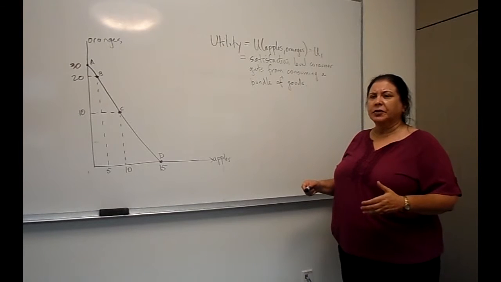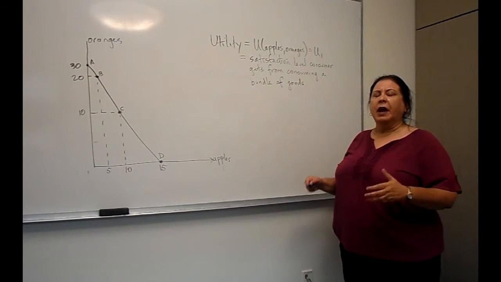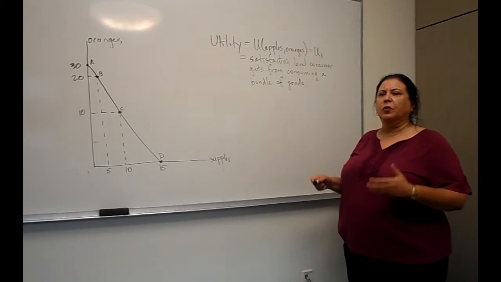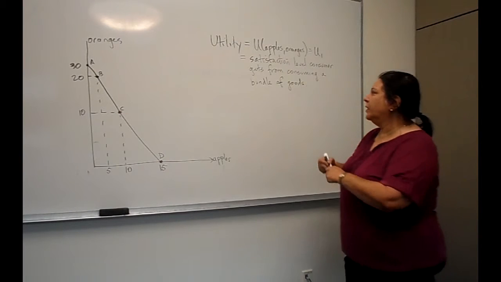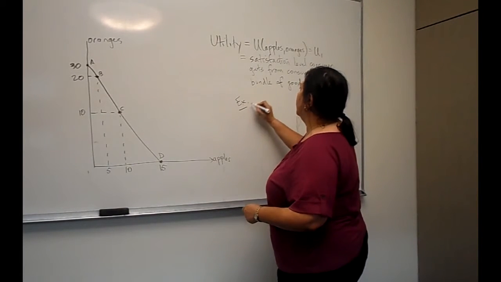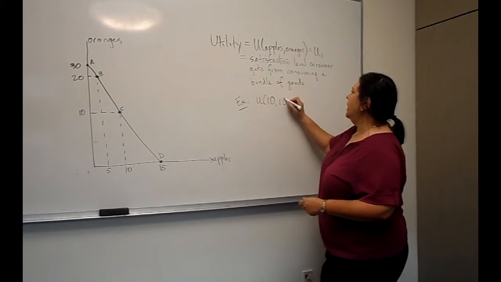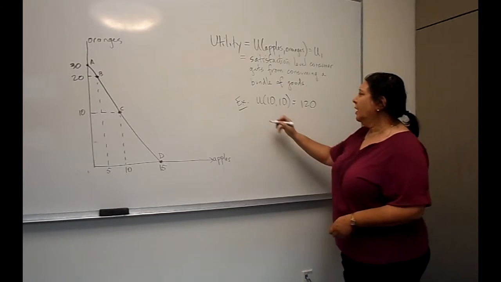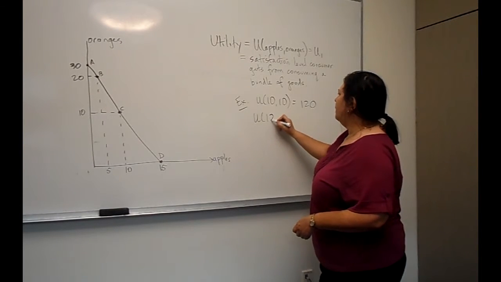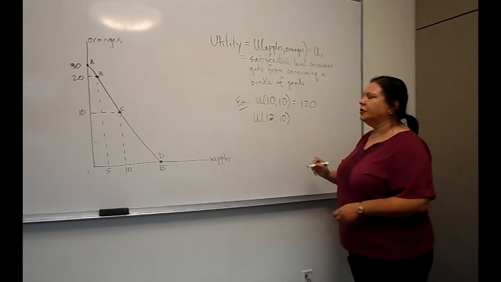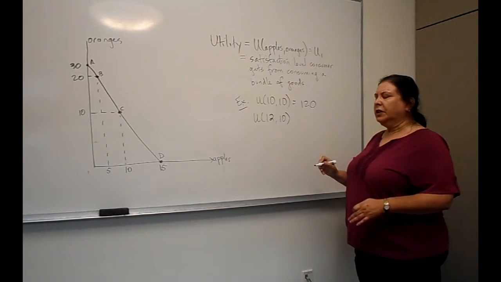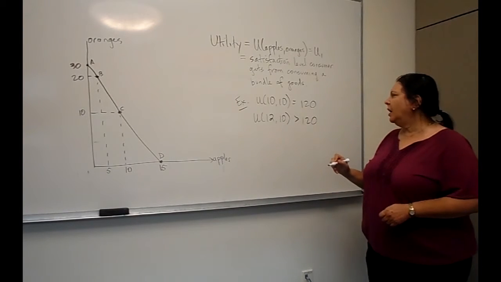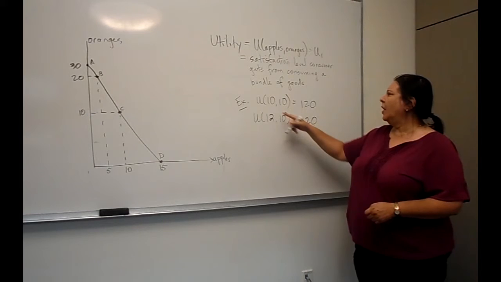So if you look at two bundles and one of them has a higher index number than the other, then you prefer the one with the higher index number. So for example, if we looked at having 10 apples and 10 oranges and we assign the number 120 to that, then if we looked at 12 apples and 10 oranges, what we know is that the utility of that bundle is going to be higher than 120 because you prefer having more apples.